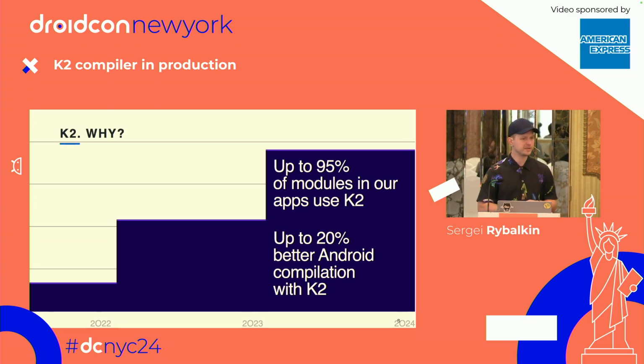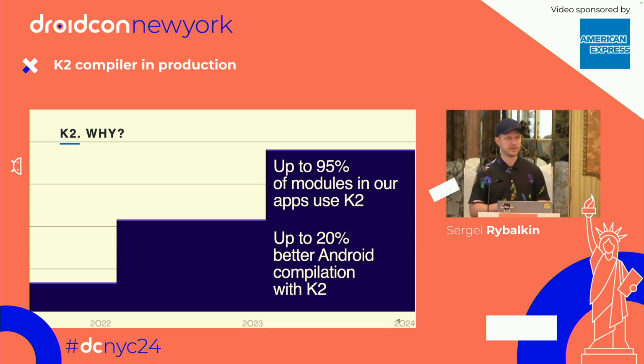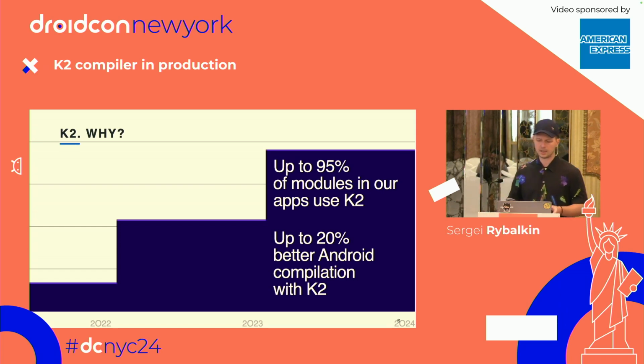Fast forward 2 years, and now roughly 95% of the modules we ship to users for the Meta application are built with the K2 compiler. K2 improved the compilation process by up to 20% on average. These are our own benchmarks.